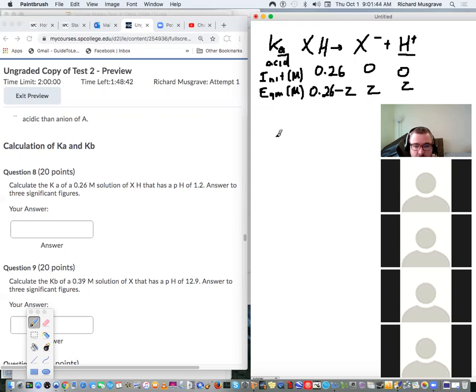So we're told here we have the pH of 1.2. So it turns out we need H plus. We've got pH, which means I don't have to subtract from 14 to get anything. So the pH is 1.2, which means the concentration of H plus is going to be 10 to the negative pH, 10 to the negative 1.2.